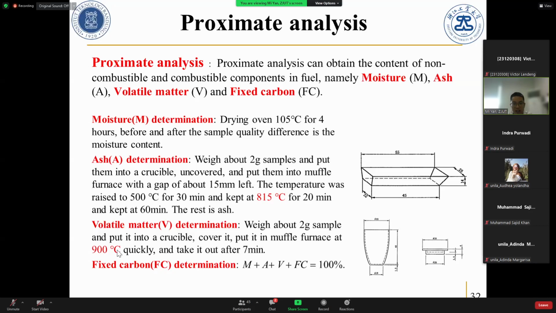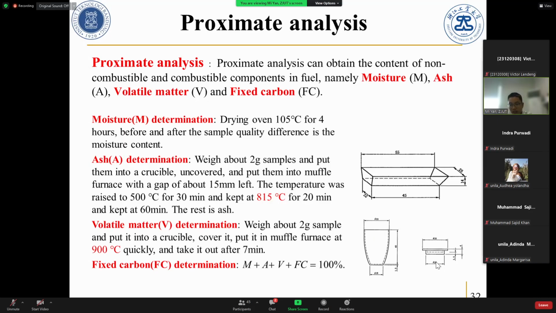You just burn it. What's the difference between ash determination and VM, volatile matter determination? For the ash, you use air, so this crucible is open. But for the VM, you have to cover your sample.